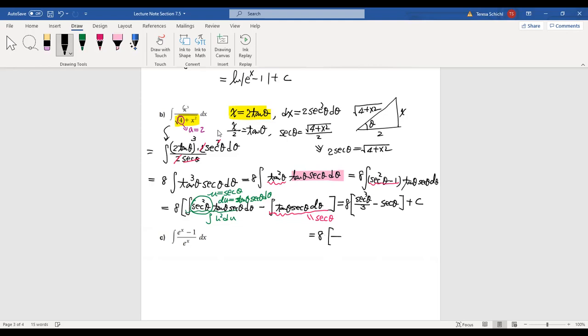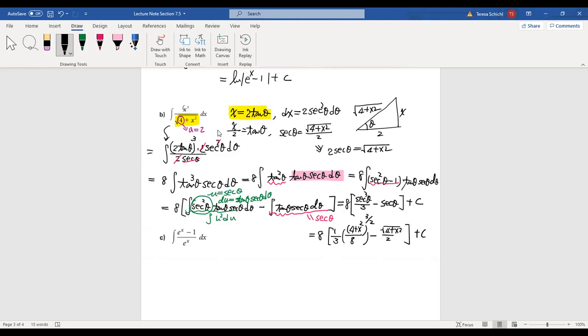So you will have 8 over 3 times 4 plus x squared to the 3/2, then minus 2 times the square root of 4 plus x squared, plus C, right? Then if you want, you can carry out and simplify it.